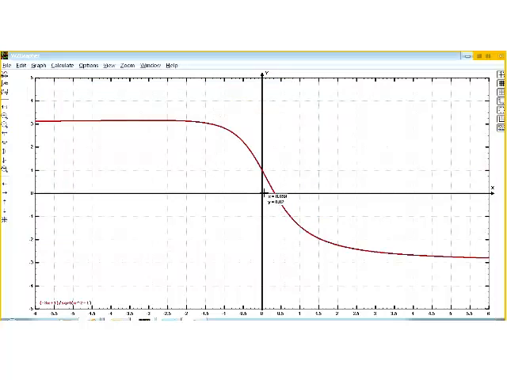And so you can see that I get positive 3. It comes up here. When x goes to positive infinity, you get negative 3. When x goes to negative infinity, it approaches positive 3. So we can go back and see that that is the case, what we found out here.